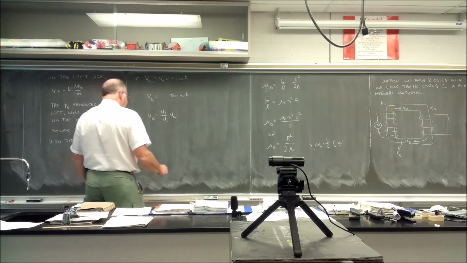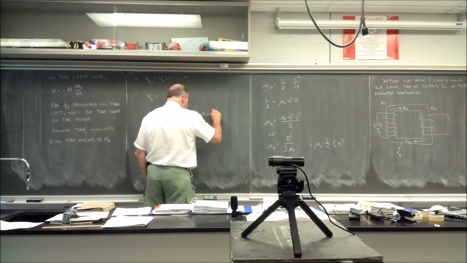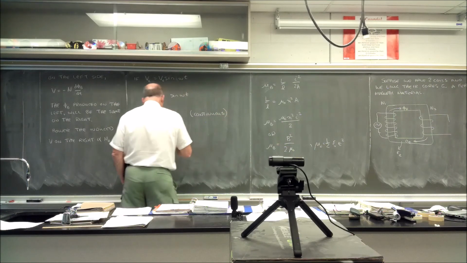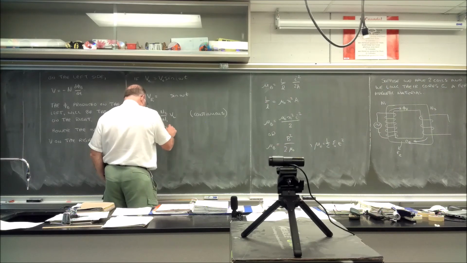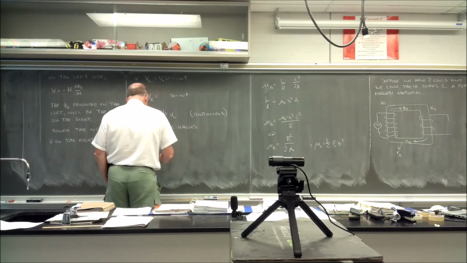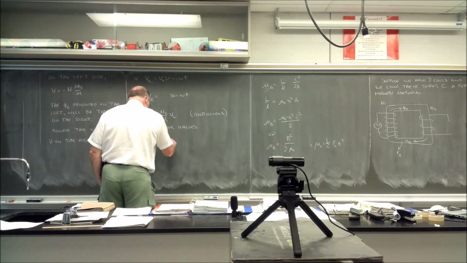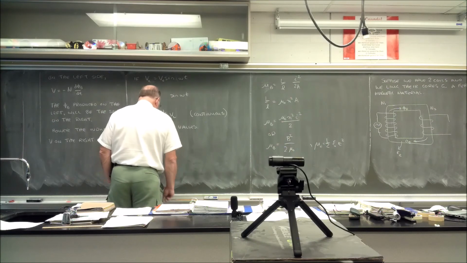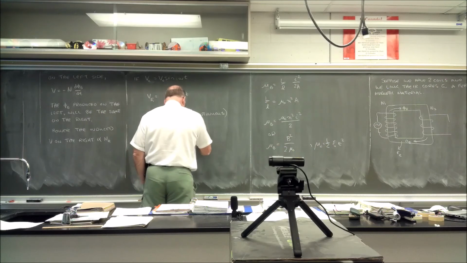And for peak values, which is what we often will consider, you get V2 equals N2 over N1 V1. And this is the transformer equation.